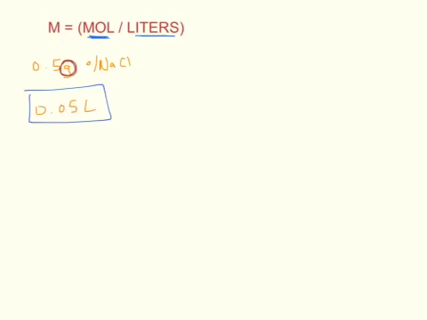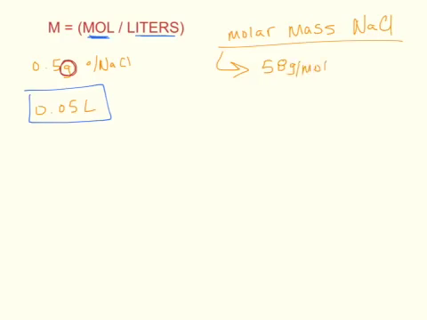Well, we need to first find the molar mass of NaCl, and that is going to give us 58 grams per mole. I found that by finding the molar mass.